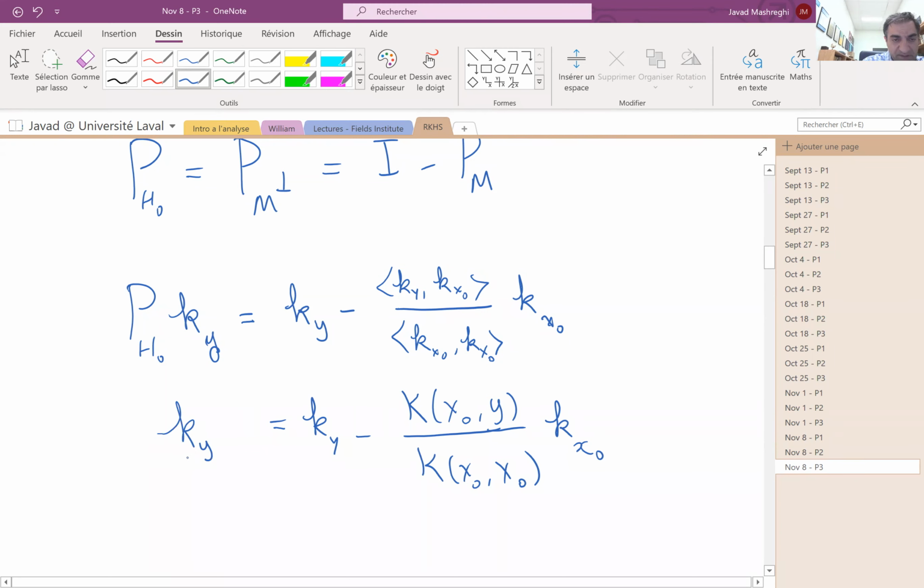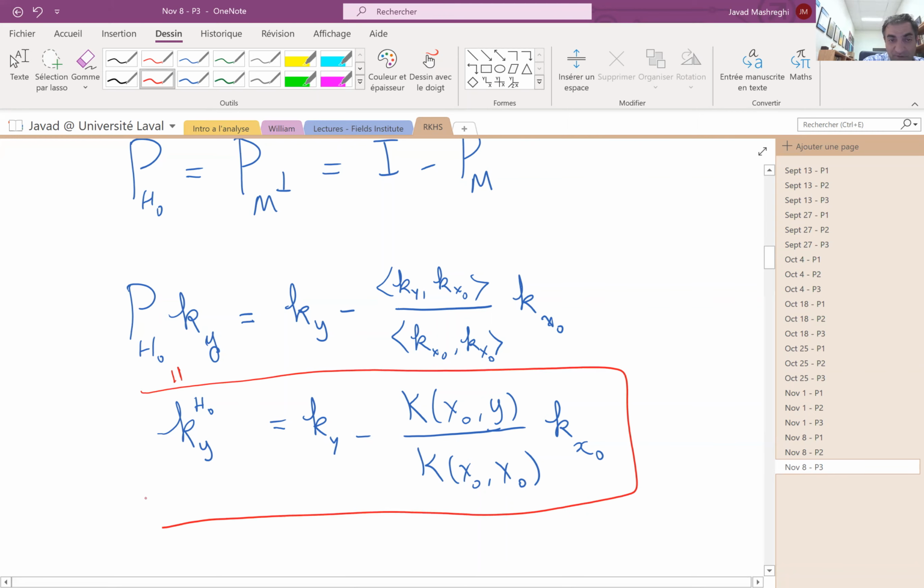I said at the beginning that the kernel for the space H0 is precisely equal to the projection of k_y onto that space. But we didn't know the formula. Now we know the formula. That's the formula we are looking for.